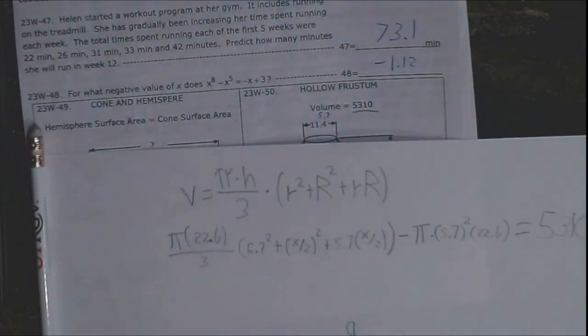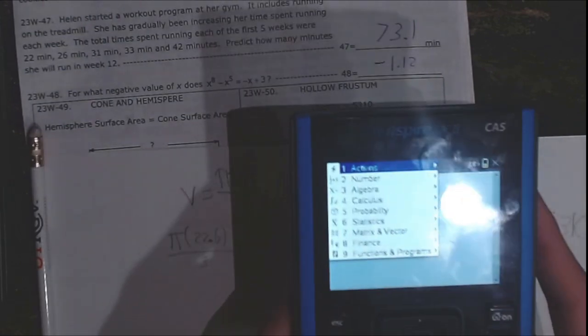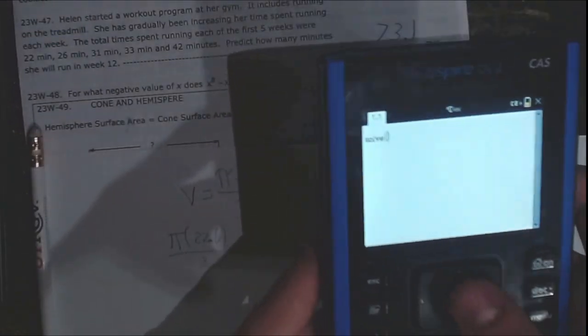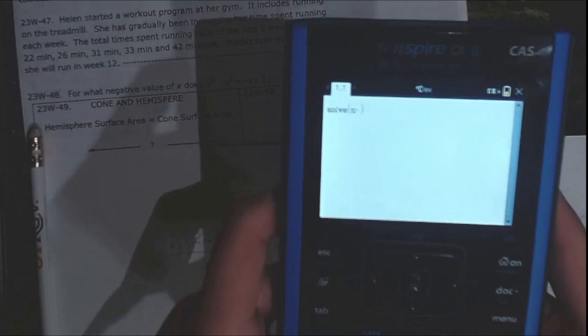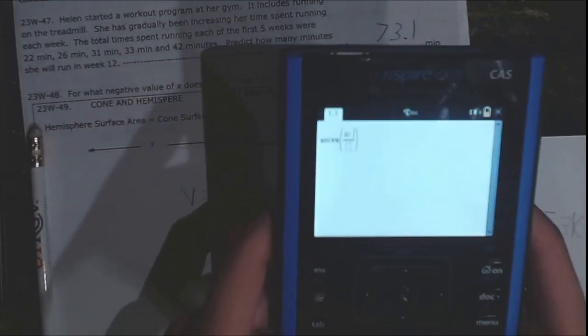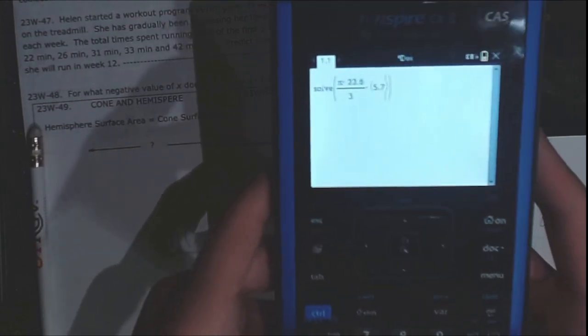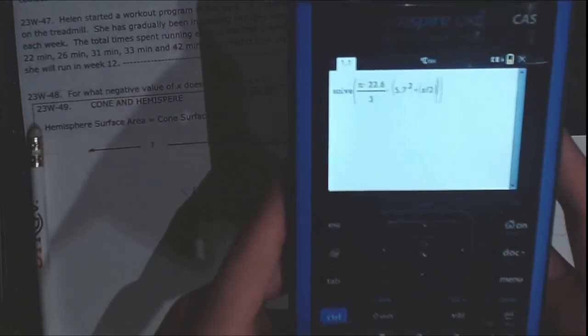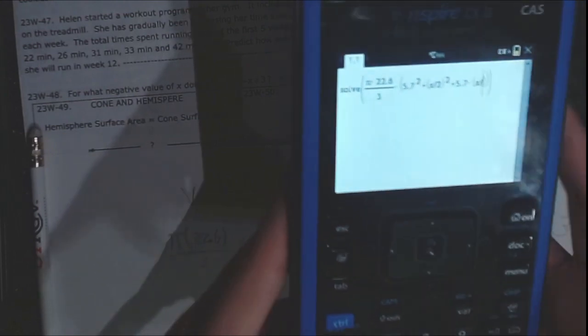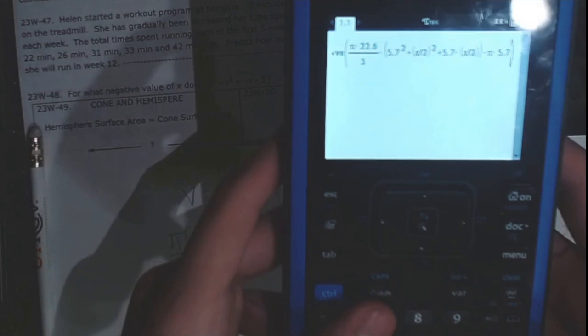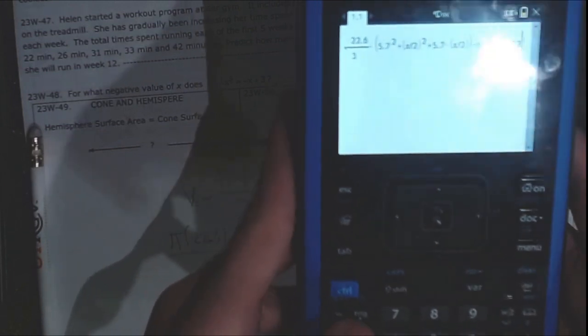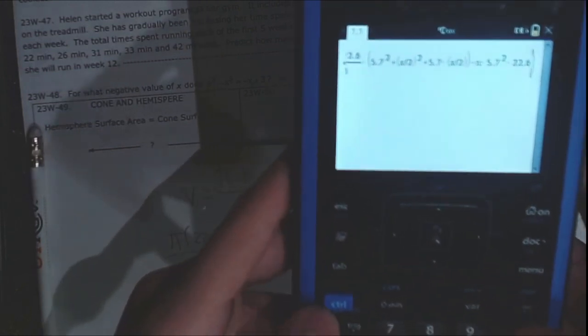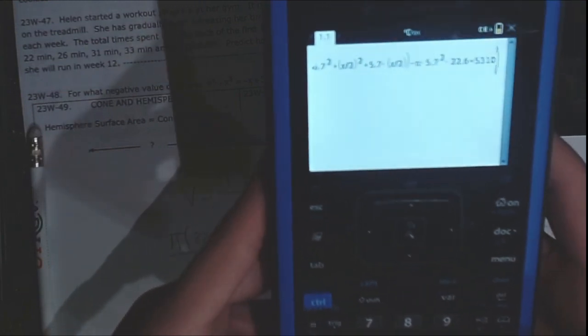So I'll just type that in my solver. So menu 3, 1, pi times 22.6 over 3 times 5.7 squared plus x over 2 squared plus 5.7 times x over 2, minus pi times 5.7 squared times 22.6 equals 5310, comma x.